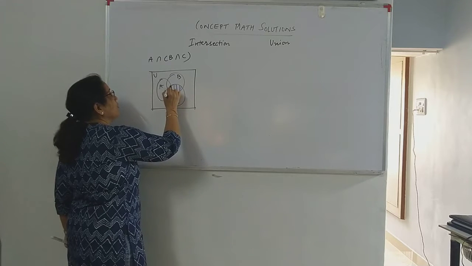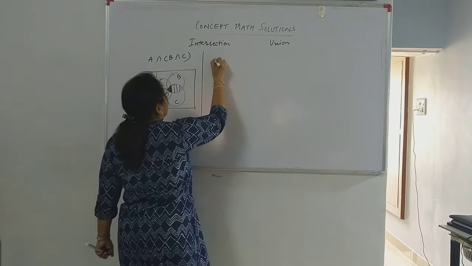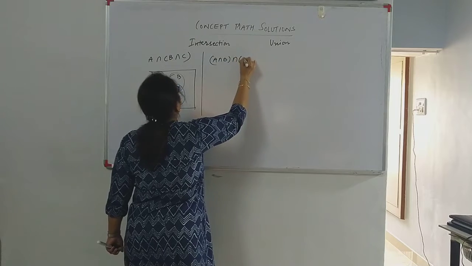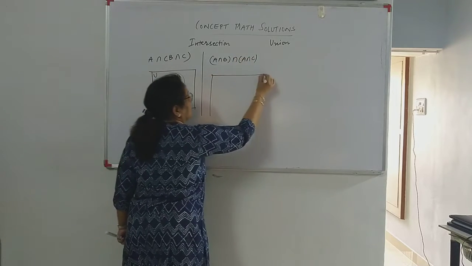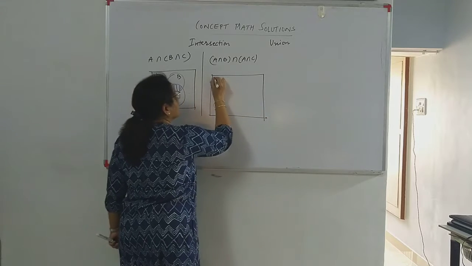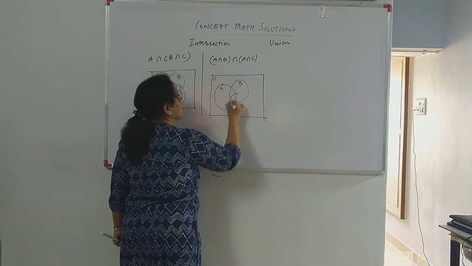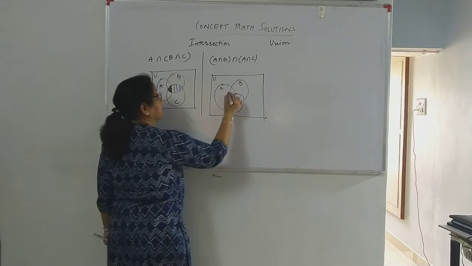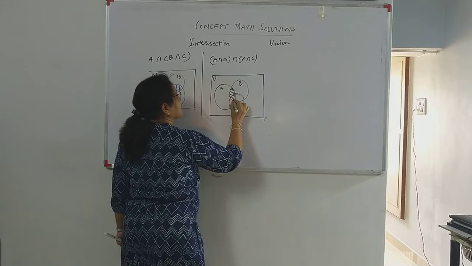Now, I want to discuss whether it is the same as A intersection B intersection A intersection C. So again I am going to draw a Venn diagram with three sets A, B and C. I will first shade A intersection B. So A intersection B is this.